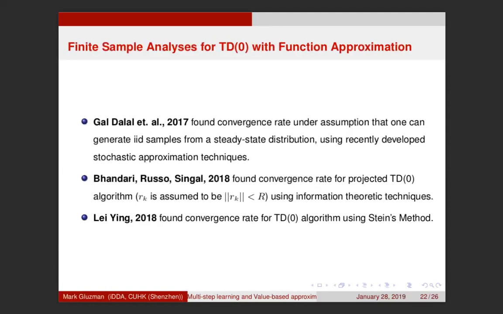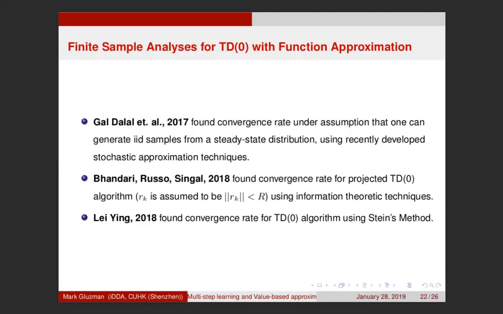By projected, I mean that they pre-assumed that R_k is bounded by some number. If at some point of the algorithm R_k is greater than R, they just projected. So they used information theoretic techniques to get this bound.